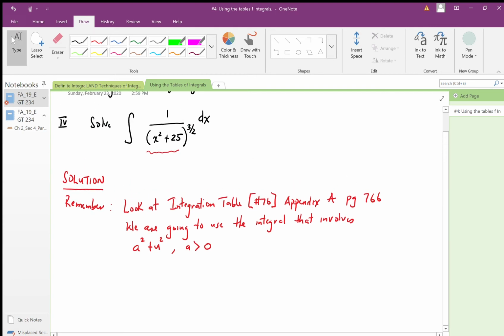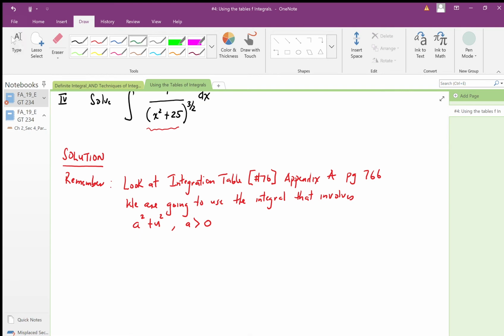Okay, so in this case, we are going to say let our u equal x, let our du equal dx, and then let our a equal 5. Okay, so we can use this particular form, because our a in this case is actually greater than 0. Our a is 5 in this case.